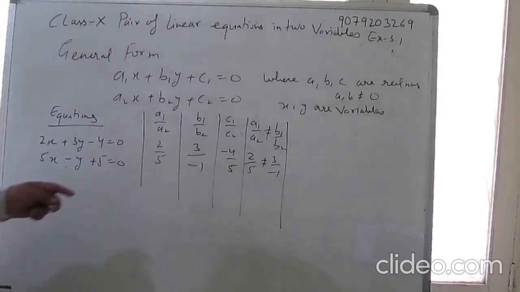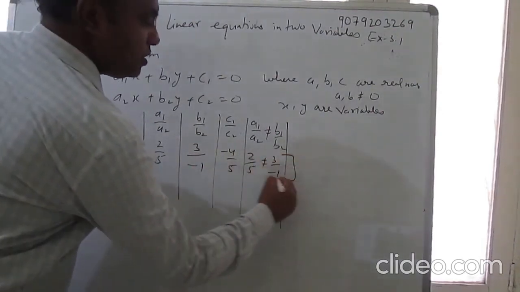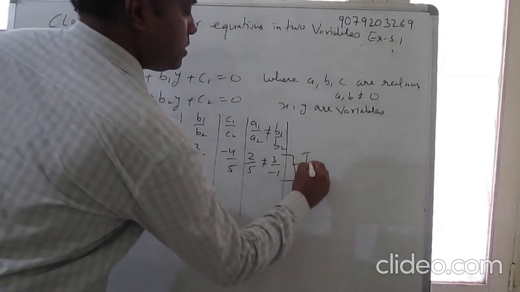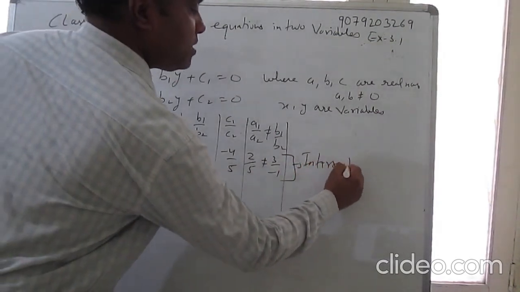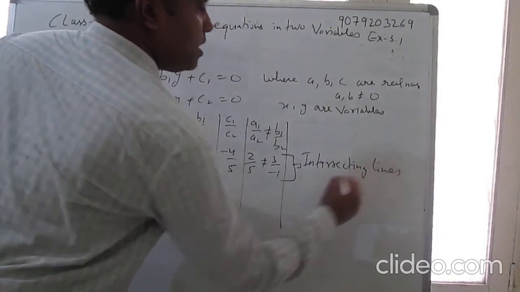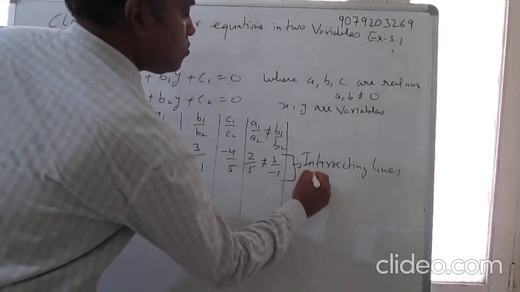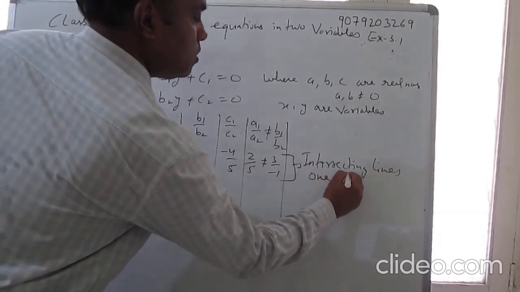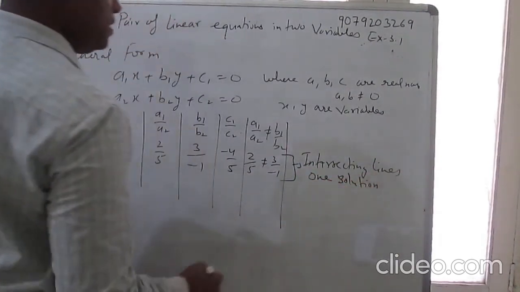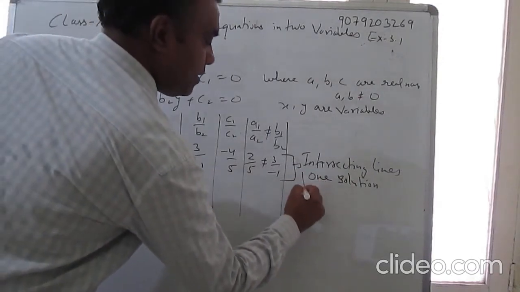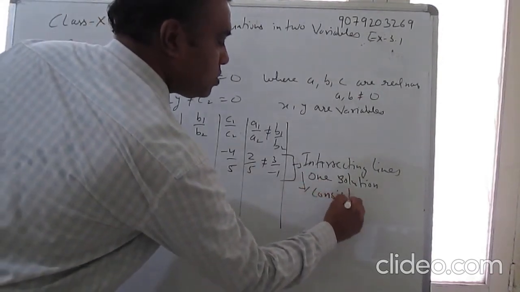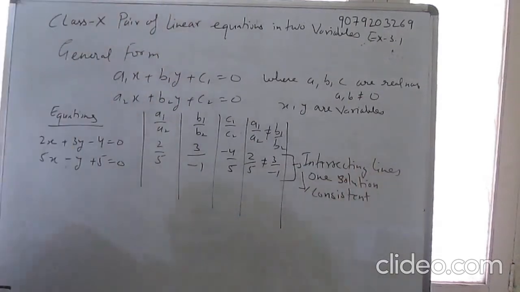If this type of situation is there, it means it is intersecting lines and one solution or unique solution, or we call it consistent and independent equations.